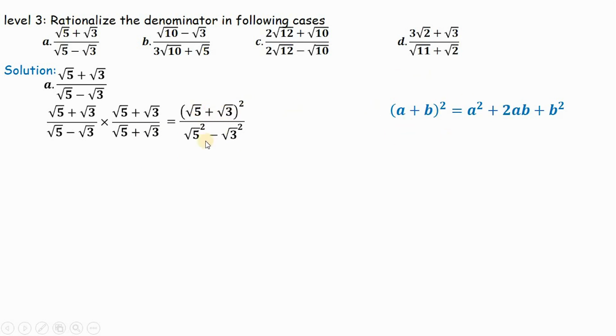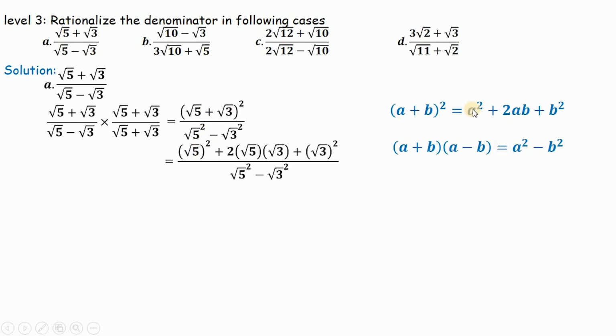So root 5 plus root 3 whole square becomes a square, that is root 5 square, plus 2ab. We'll write 2, instead of a we have root 5, instead of b we have root of 3, plus b square, instead of b we have square root of 3 whole square. And in the denominator we have used the identity a plus b into a minus b equal to a square minus b square.